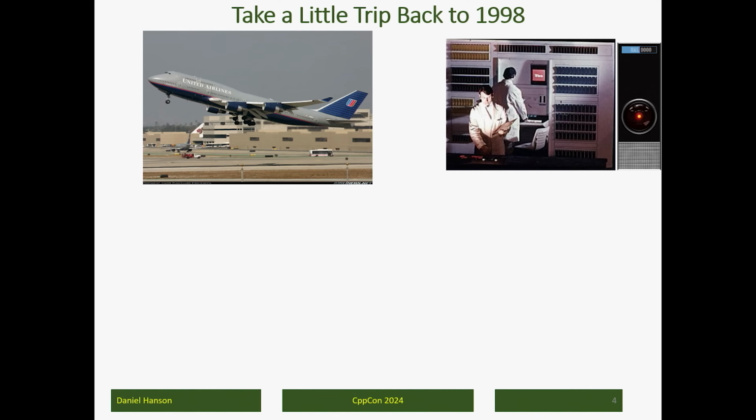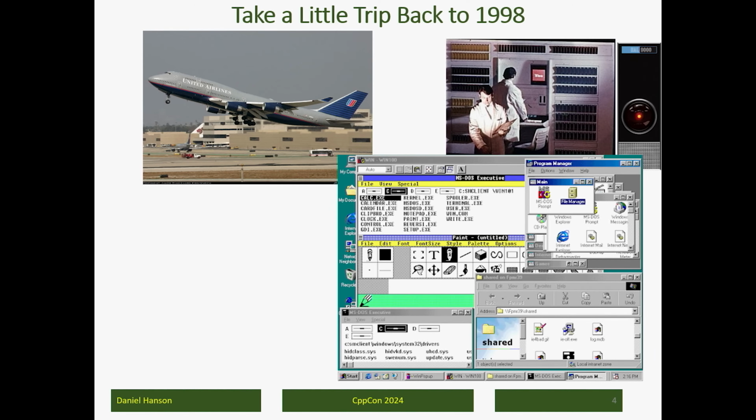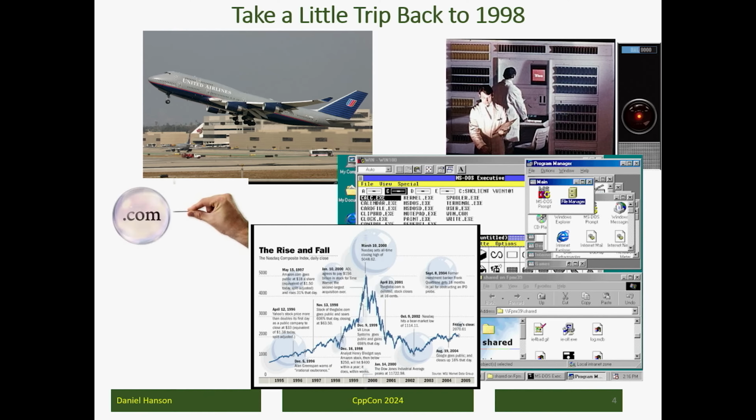I'm sorry, Dave. I'm afraid I can't do that. Anyway, you probably had one of those big, heavy CRT monitors and probably running Windows 95. And we were just building up to the dot-com bubble, which two years later popped. So some of you might remember that.